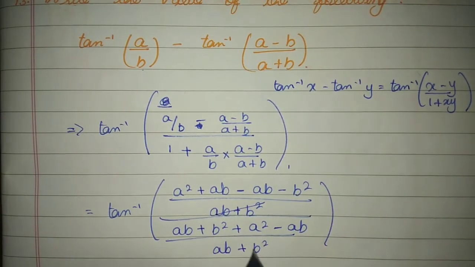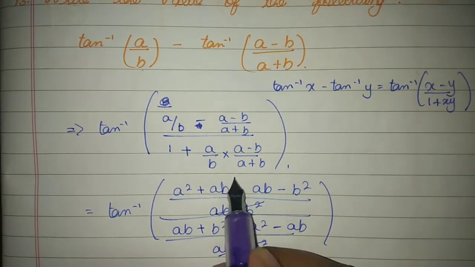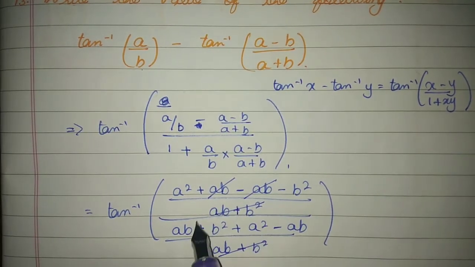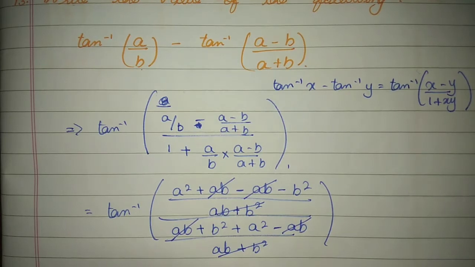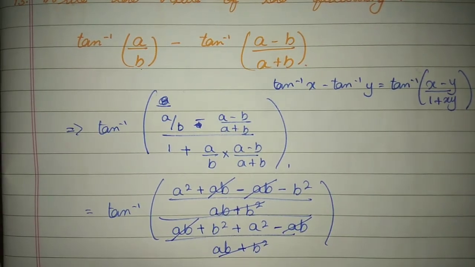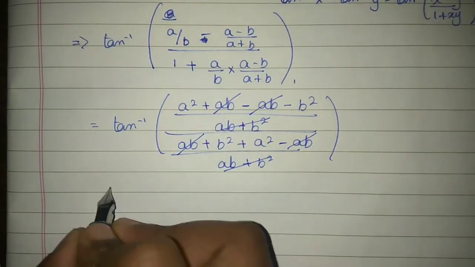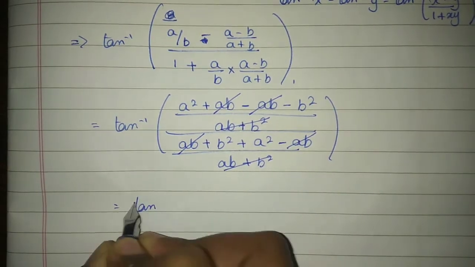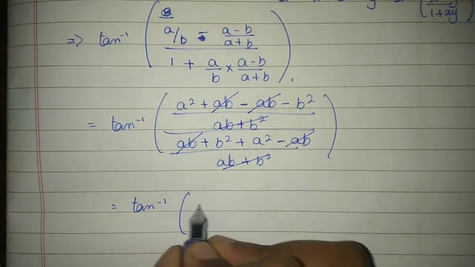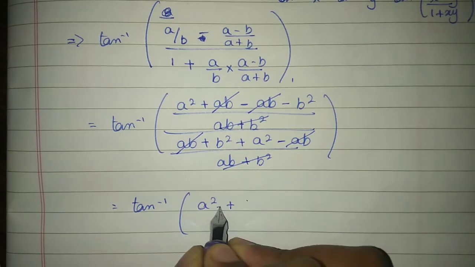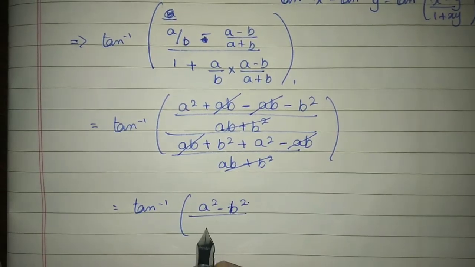So my denominator and denominator will get cancelled, and plus ab and minus ab will get cancelled both in numerator as well as denominator, and I have tan inverse of a square minus b square divided by a square.